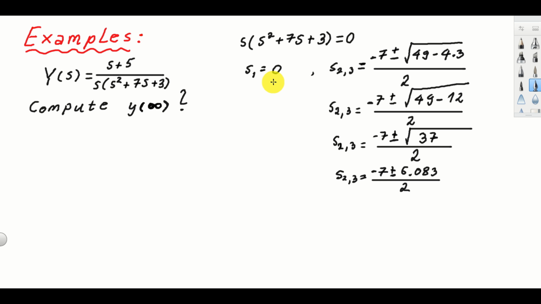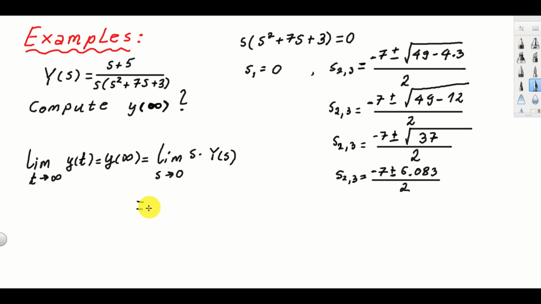Okay, so let's apply the final value theorem. We can write the limit when t goes to infinity of y(t), which is equal to y(∞), is equal to the limit when s goes to 0 of s multiplying Y(s).